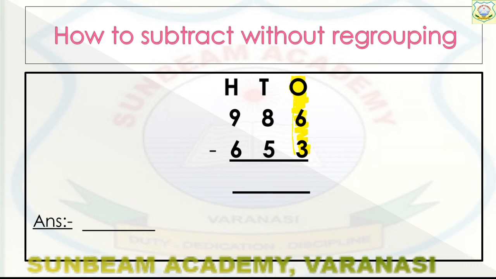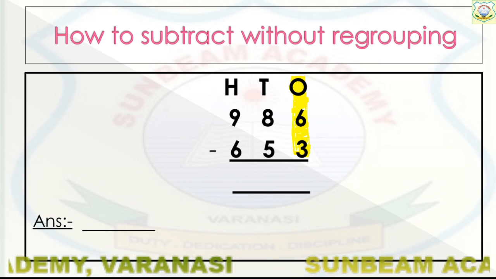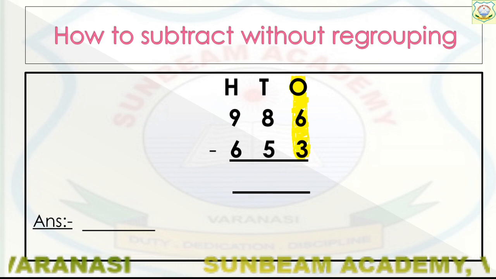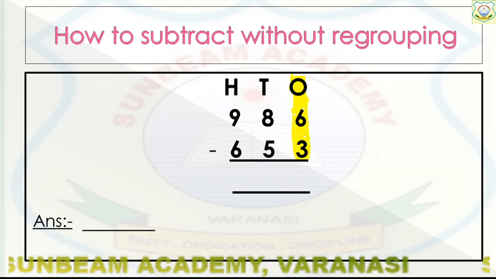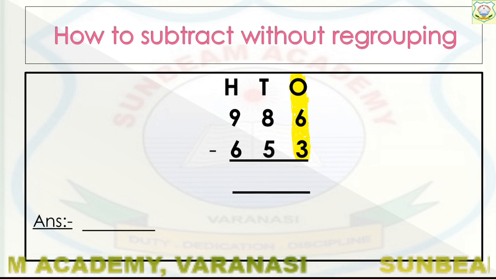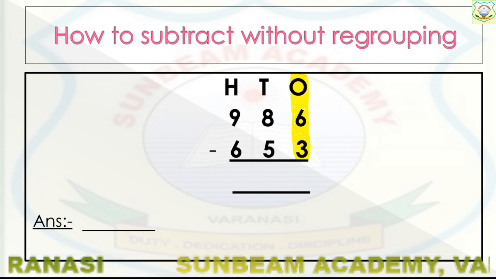So this will be in the same column, right? So the ones column is this one. I have highlighted this so that you can see it properly. Now I am going to explain it to you.